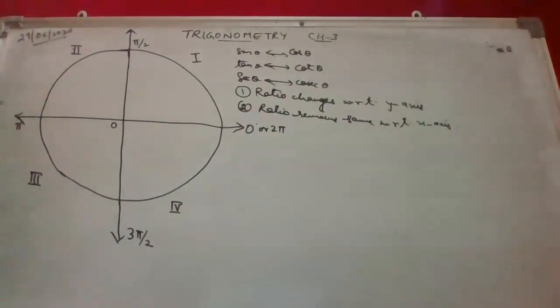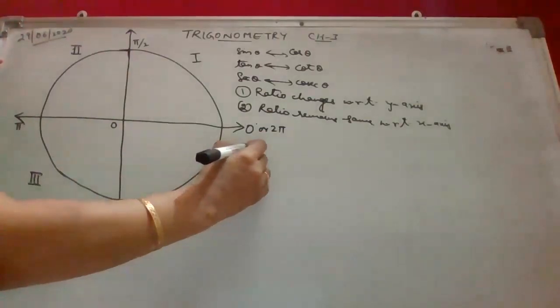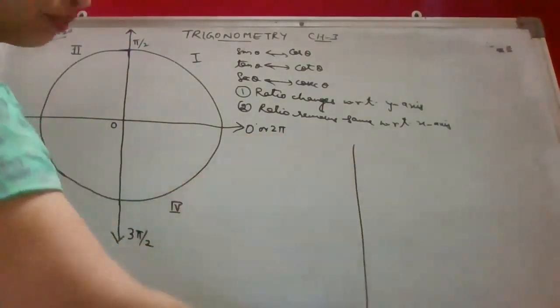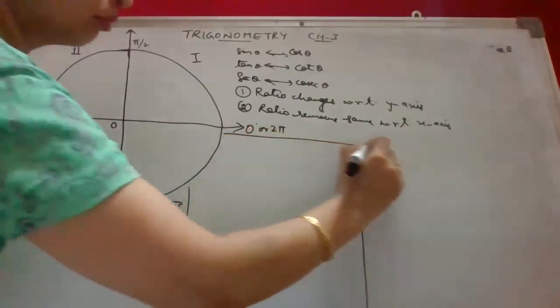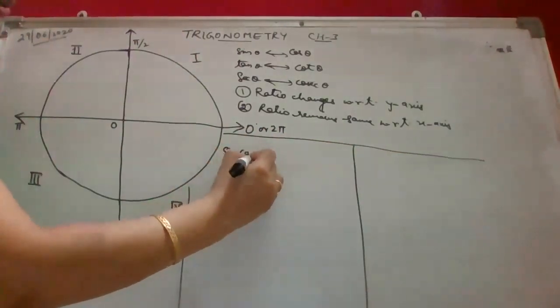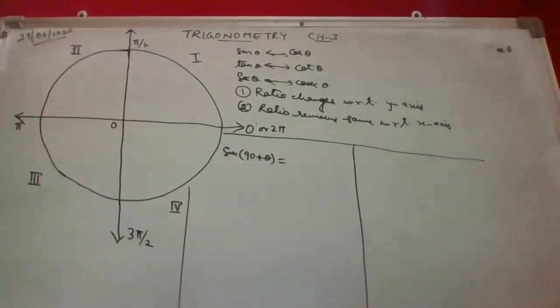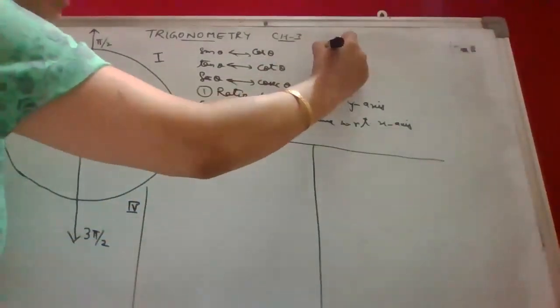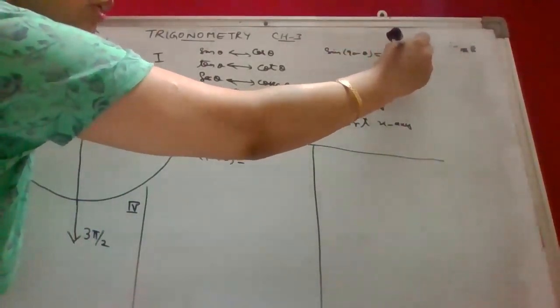Suppose I want to find out, let us divide it into parts, I am first taking sin(90 plus theta). Now you have learned this in class 10th, that sin(90 plus theta)... have you learned? No, you have learned about 90 minus. In class 10th you have learned that sin(90 minus theta) is equal to cos theta.